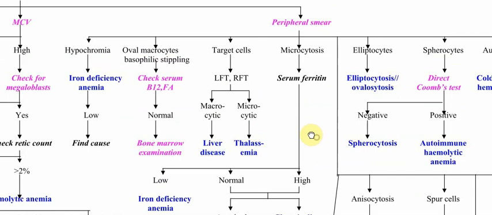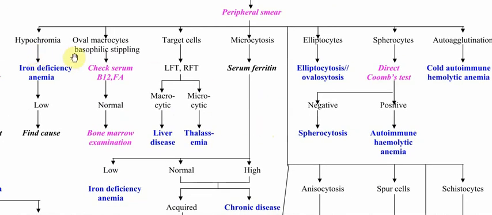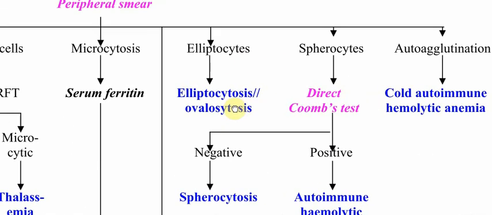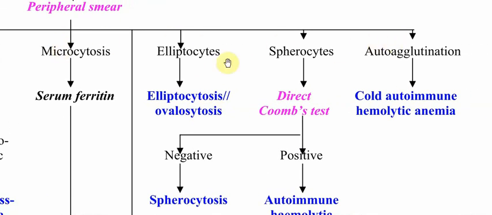Going back to our algorithm, we finished hypochromia, oval macrocytes and basophilic stippling, target cells and microcytosis. Our next one is presence of elliptocytes. This is the remaining algorithm. Presence of elliptocytes is elliptocytosis or ovalocytosis.